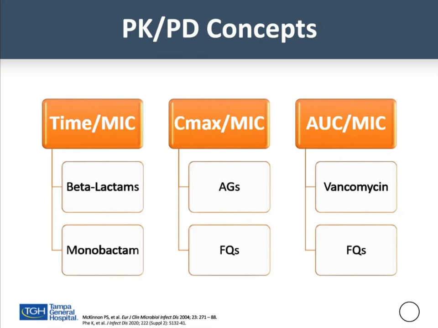And we also have fluoroquinolones, which can be considered Cmax over MIC drugs, but then also there's more schools of thought that maybe this is also a drug class that's exposure driven. And then vancomycin, based on the new 2020 guidelines, is more of an exposure drug. We're getting away from trough levels and dosing based on AUC.